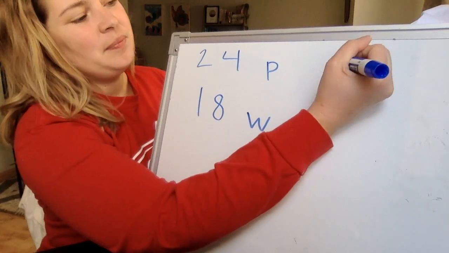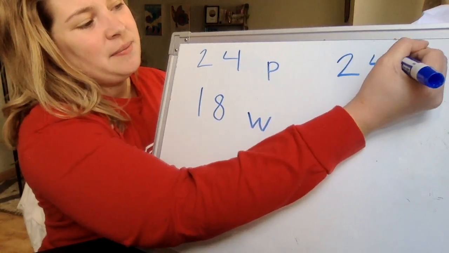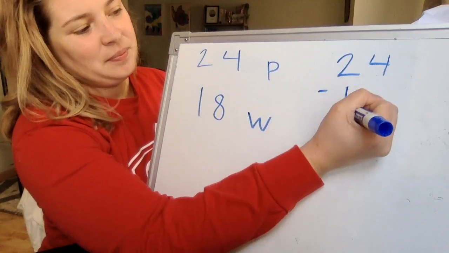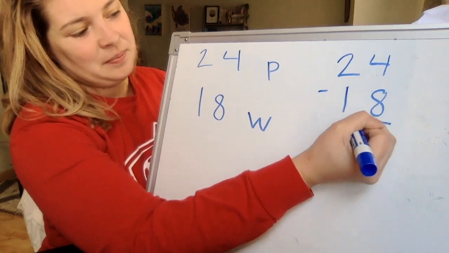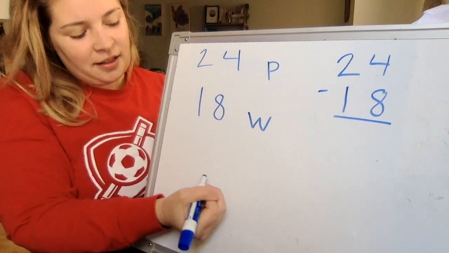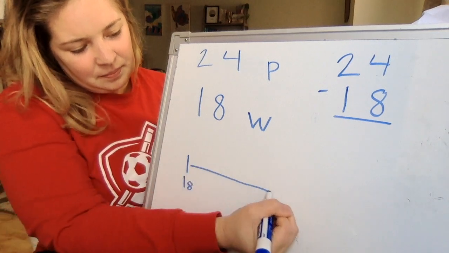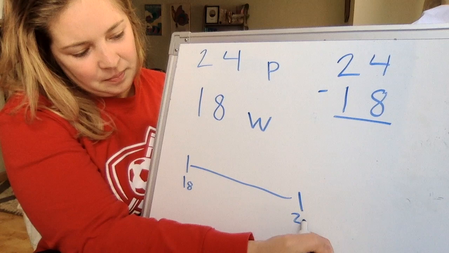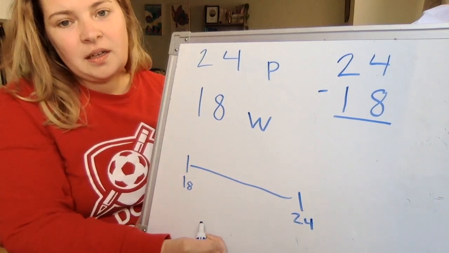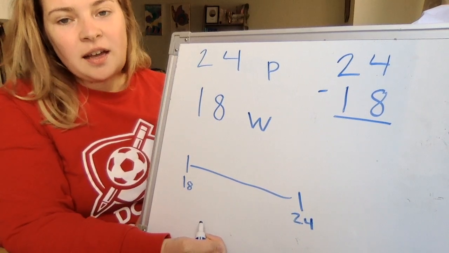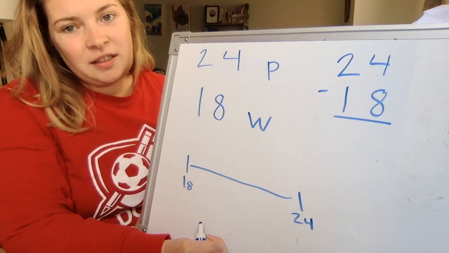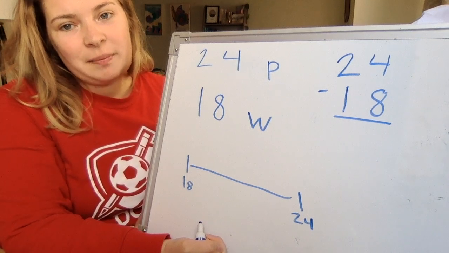One way is the vertical way. Another is the number line way. Solve using one of these strategies or a strategy that works best in your brain.